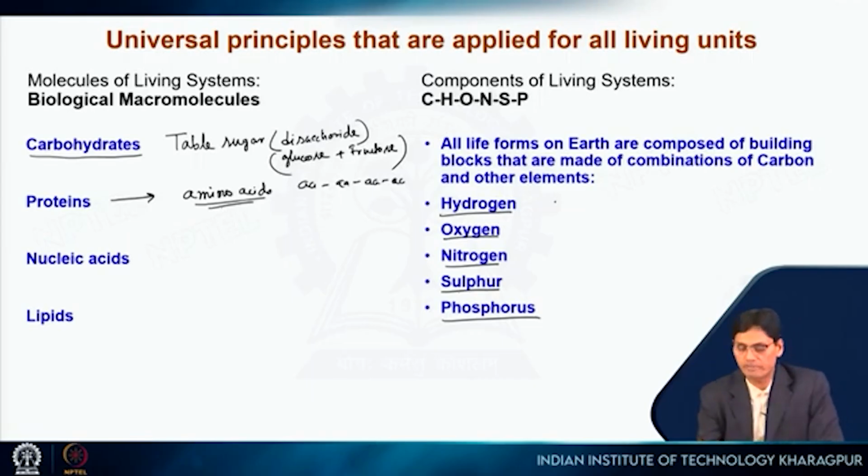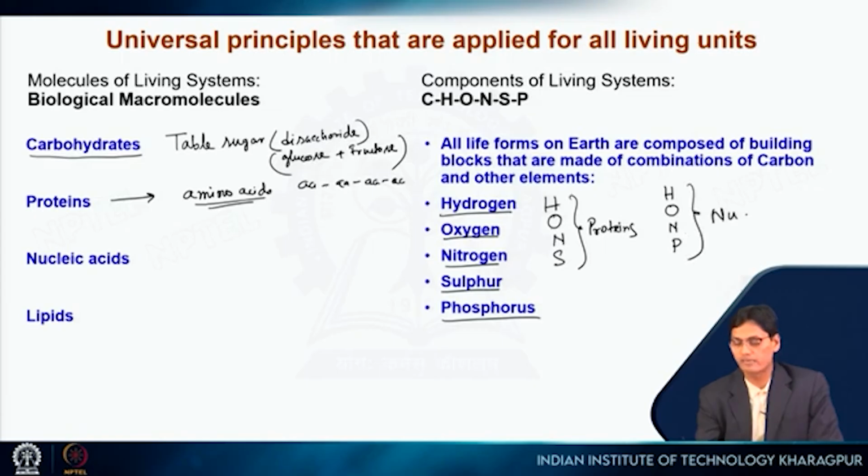Especially you should know that hydrogen, oxygen, nitrogen and sulfur are present in proteins, and similarly hydrogen, oxygen, nitrogen and phosphorus are present in nucleic acid. This information will be helpful in future discussion.